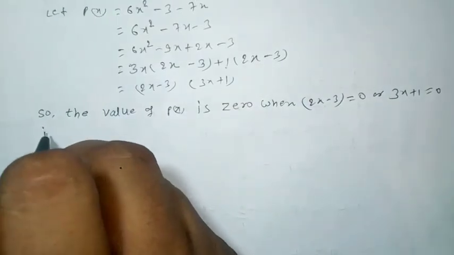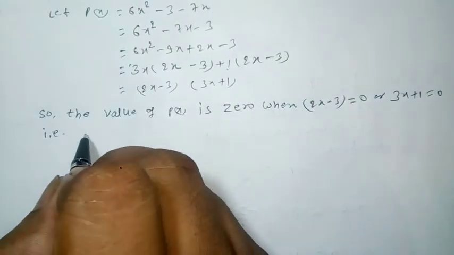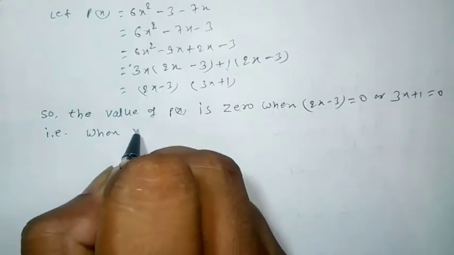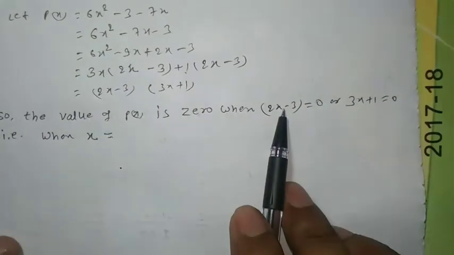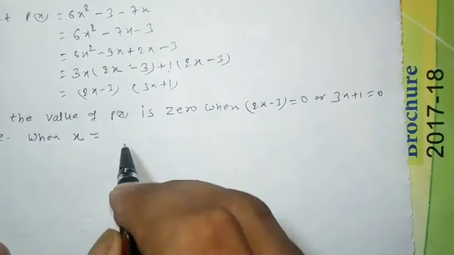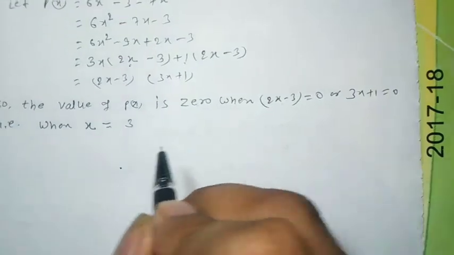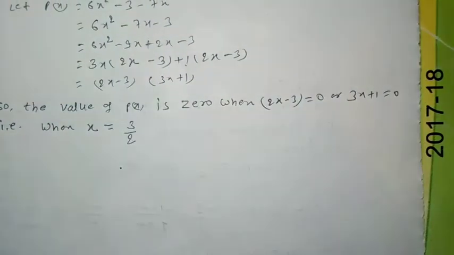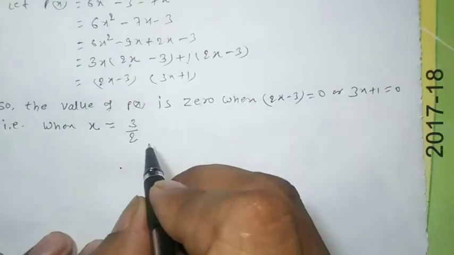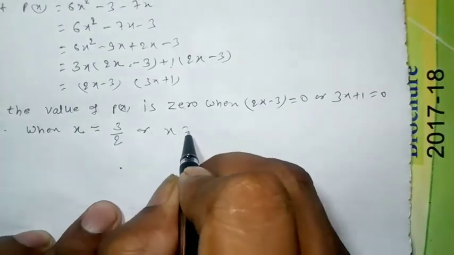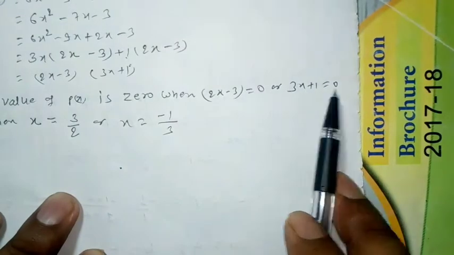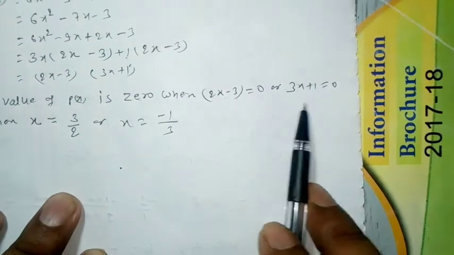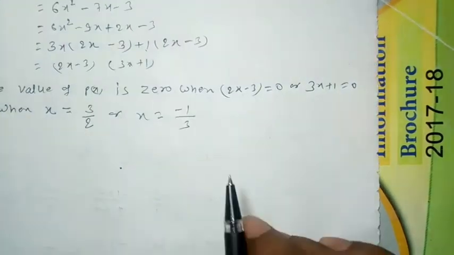That is, when x is equal to, minus 3 goes to the other side, then plus 3, and 2 goes in the place of divide. Or same, x is equal to minus 1 by 3: plus 1 goes to the other side, minus 1, 3 is multiplied, so it divides, minus 1 by 3.